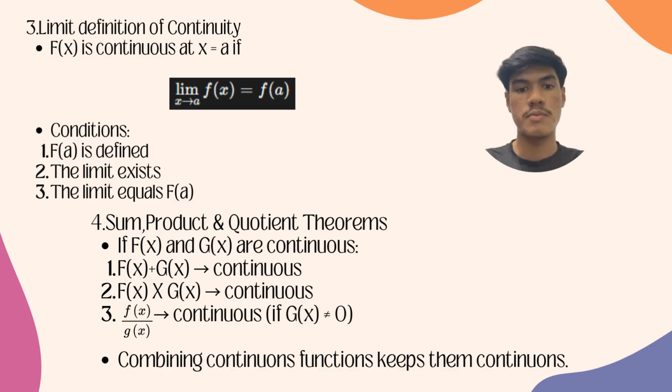Second, their product f(x) times g(x) is continuous. Third, their quotient f(x) divided by g(x) is continuous as long as g(x) is not equal to 0. In short, combining continuous functions by adding, multiplying or dividing keeps them continuous.